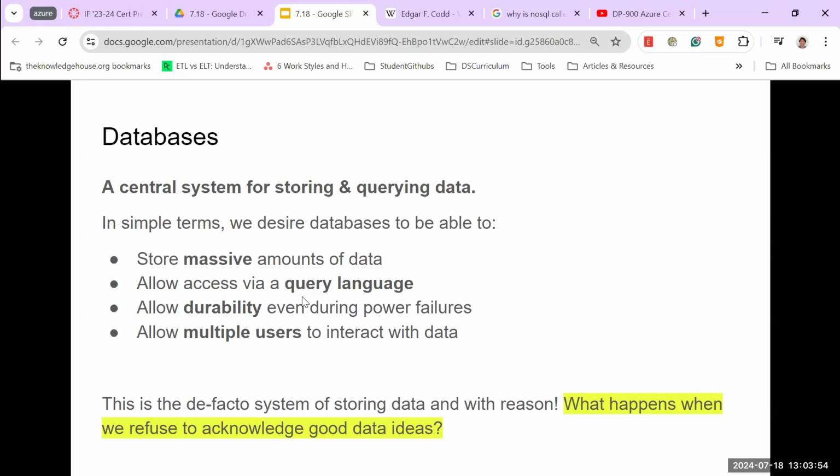You'll see what I mean when we go over the ACID components of a database. But this right here is the de facto system of storing data. And there's a reason for that.